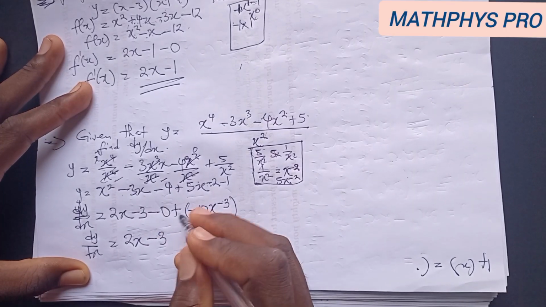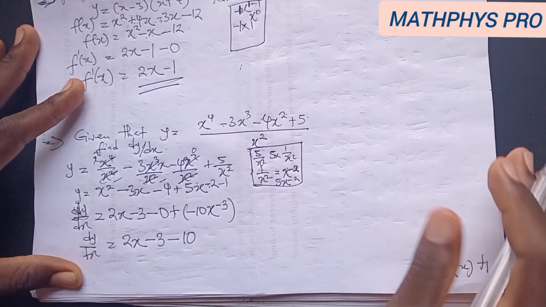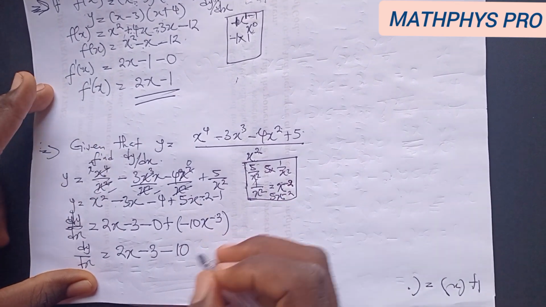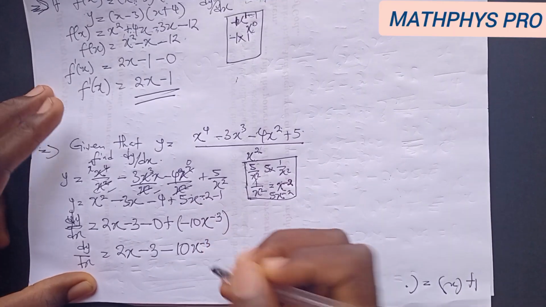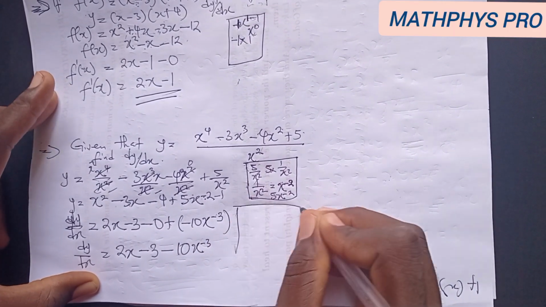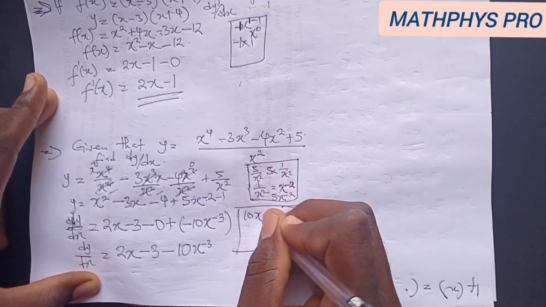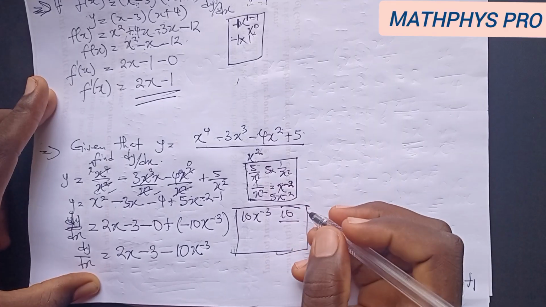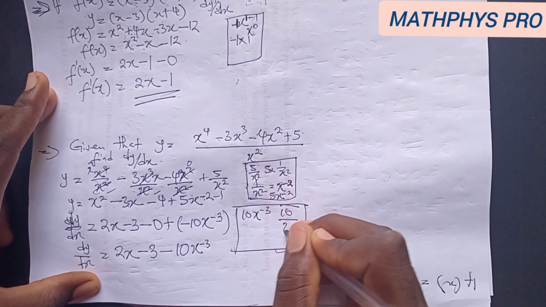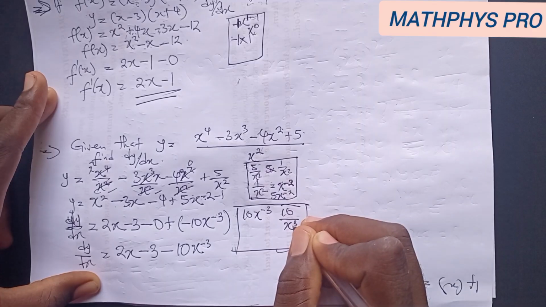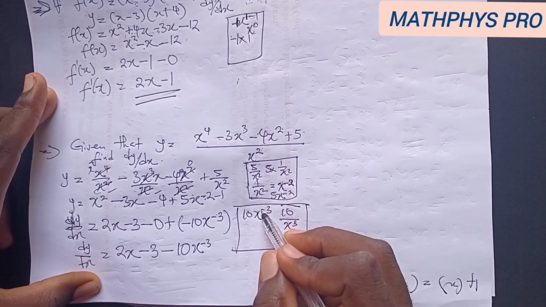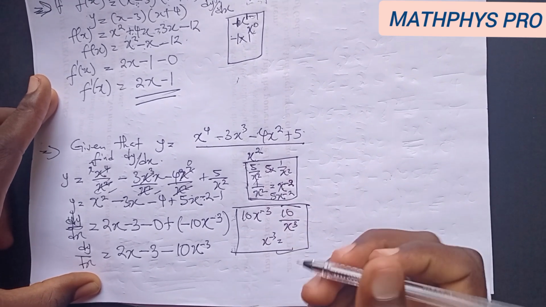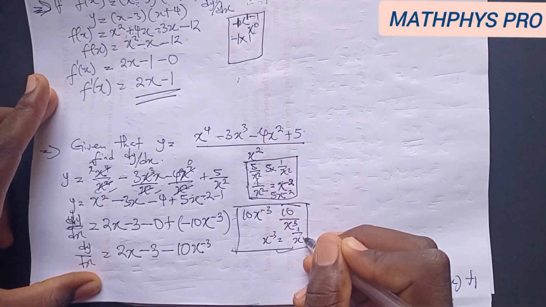So you can say that dy/dx is equal to 2x minus 3, plus minus 10x raised to the power minus 3. Recall that 10x raised to power minus 3 can be written as 10 over x raised to the power 3, because x raised to the power minus 3 is equal to 1 over x raised to the power 3.